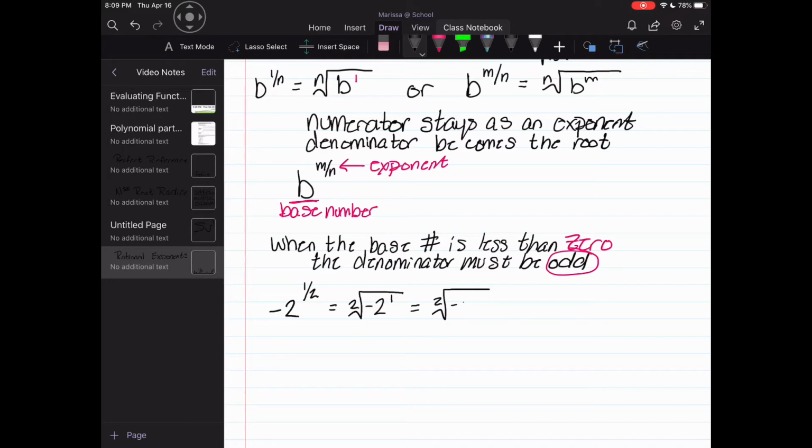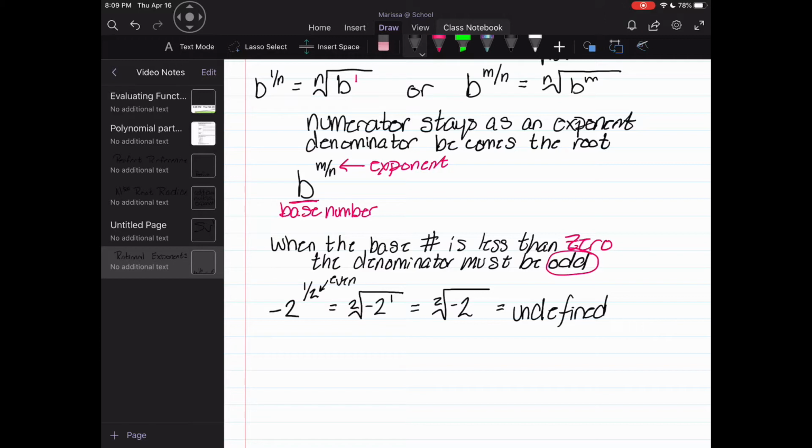And if you took last week's notes, you know that if you take the square root of a negative number, or any even root, I could make this number here any even number, what's going to happen is it becomes undefined. If you type that into a calculator, it gives you an error. So that is why you can't have an even root.